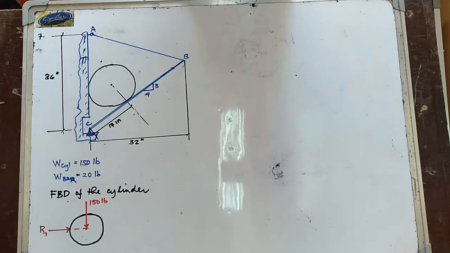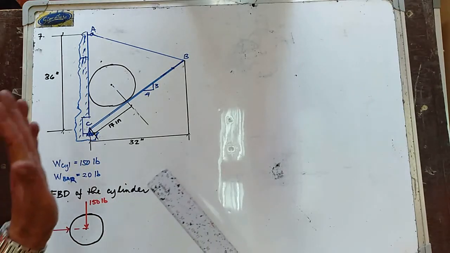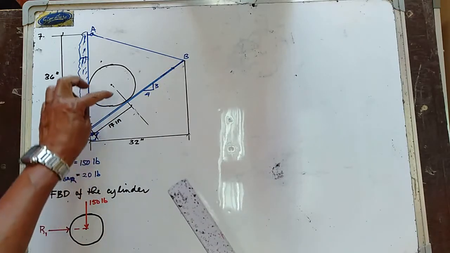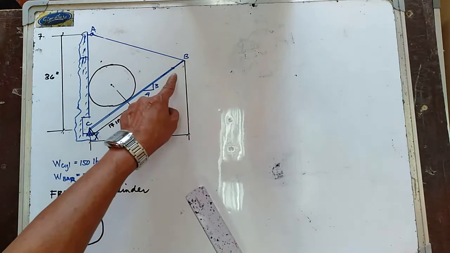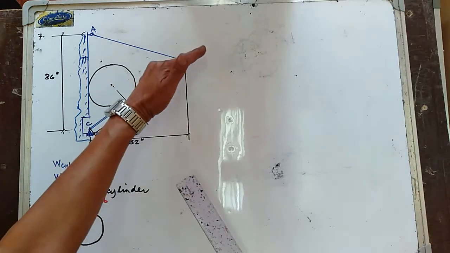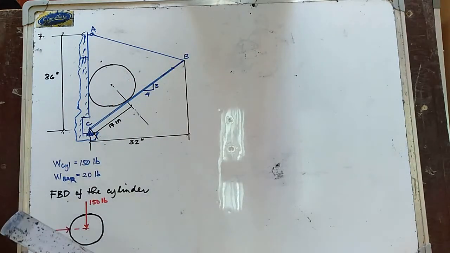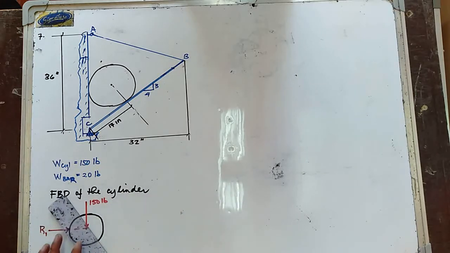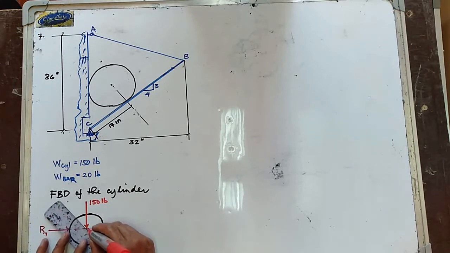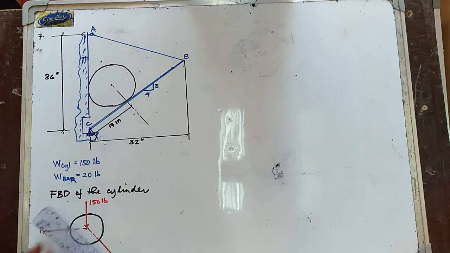Also, the contact reaction between the cylinder and the bar BC, I'm going to consider this one as R2.